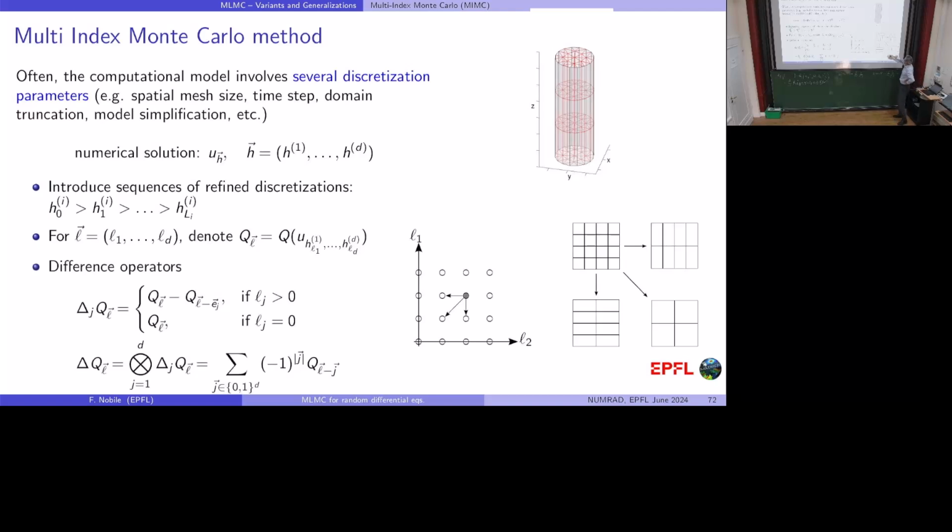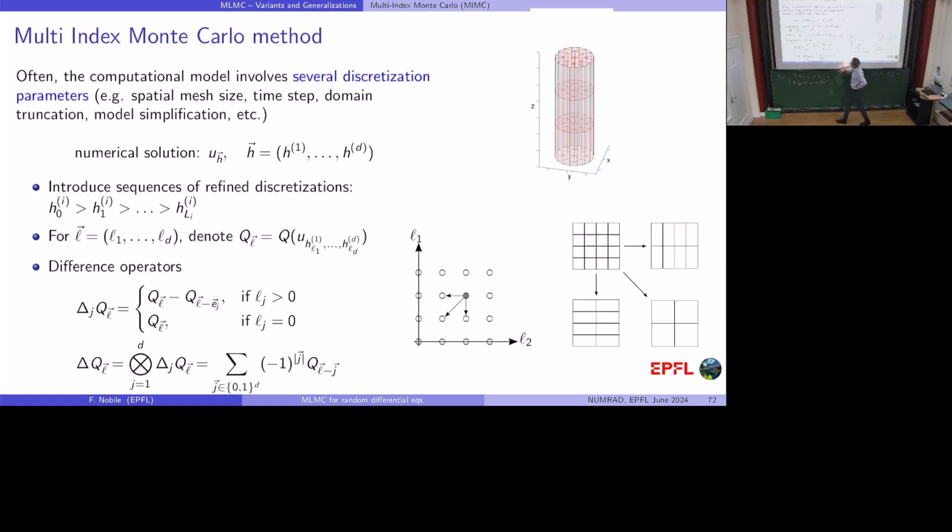So here again, if you think of having two discretization parameters, so this is a refined grid, this is a coarser grid where I coarsen in both, but I could decide to coarsen only in one, so compare those two solutions, or coarsen only in the other direction and compare those two solutions. Okay?